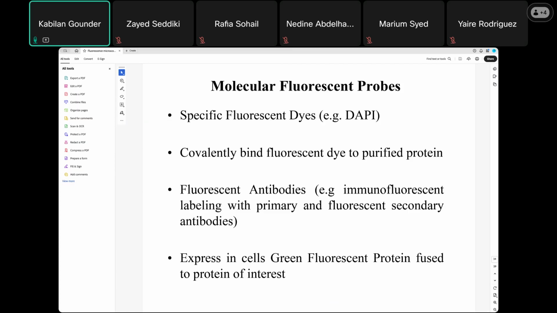After you purify, you can remove the His tag, and now you have a purified protein that is used for your other studies.